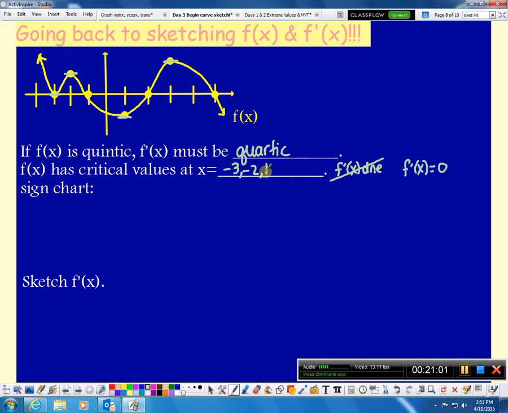All right, so we need to sketch f prime of x. So we're going to kind of go backward. I've got -3, -2, 1, 3. I'm going to build my t-chart or my sign chart, but notice I'm going to do it in reverse of what you're used to doing it.